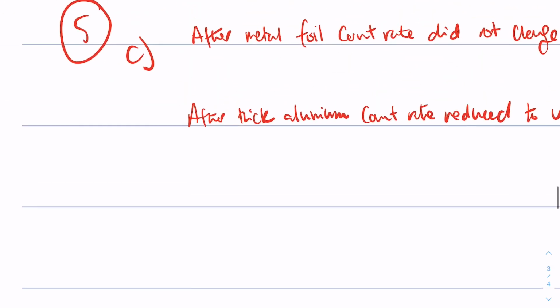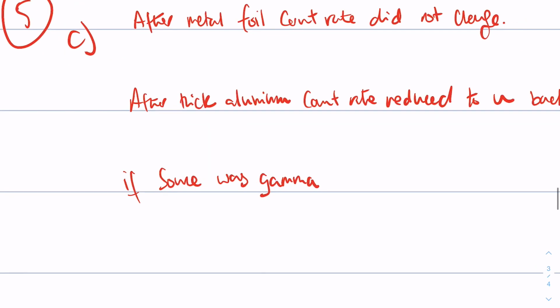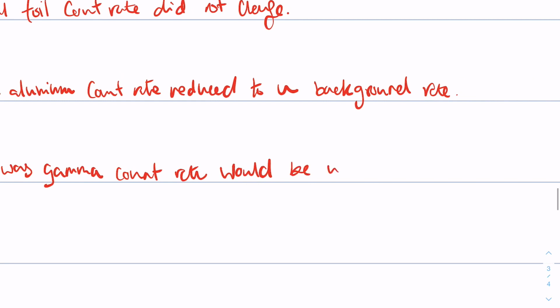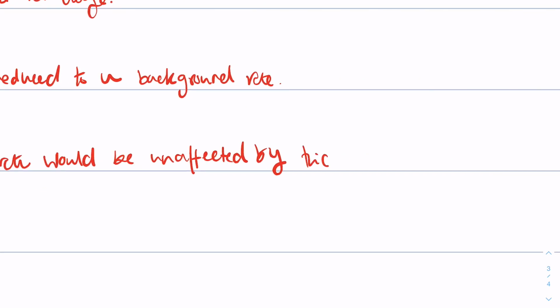And so if source was gamma, count rate would be unaffected by thick aluminium.